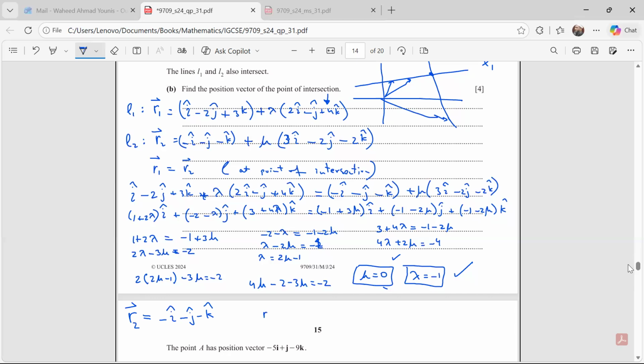If I try to find the r1 vector, I have to put lambda equal to minus 1.